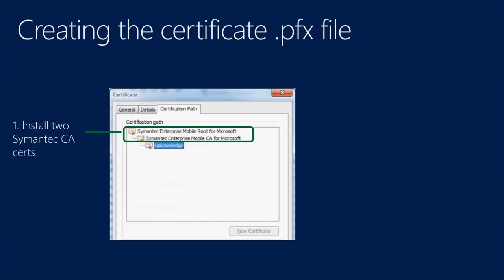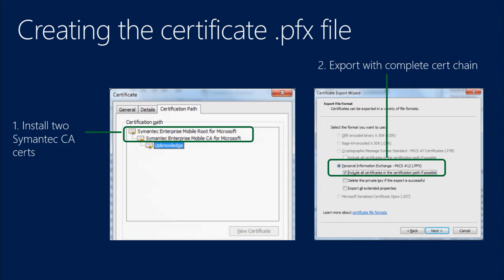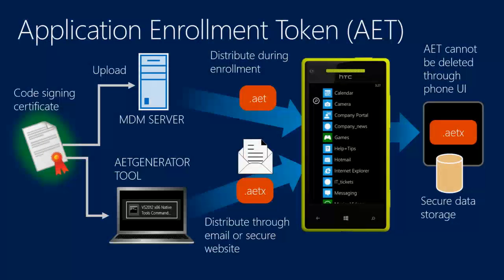Once you get that, you'll install the 2 Symantec certs that they'll provide you, and you'll want to export that using the export tool. And next, you want to create an application enrollment token. This is a very important part of the signing process.